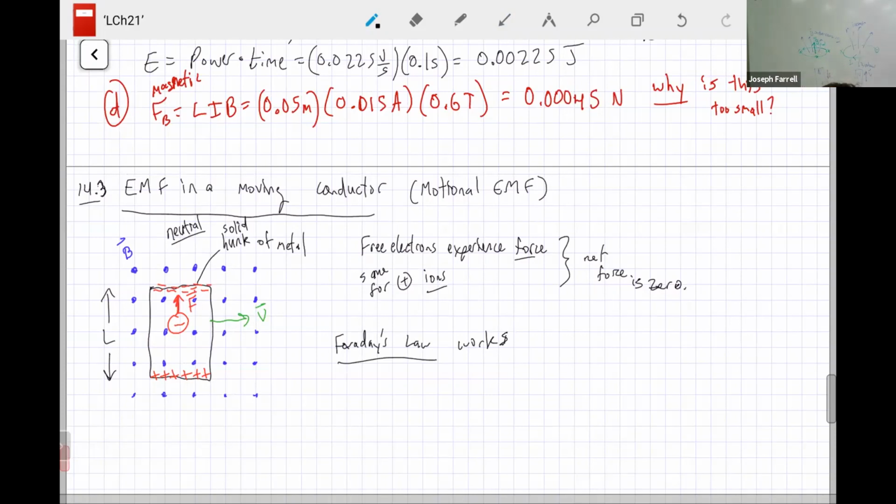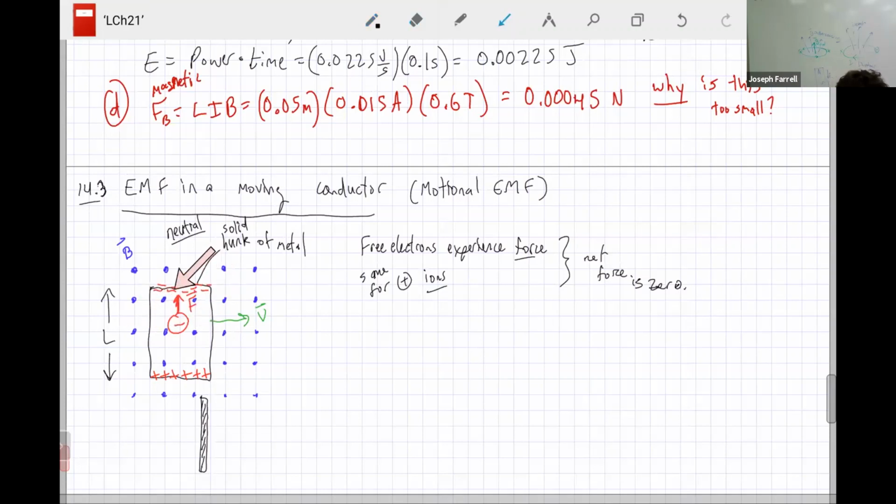So as this is moving, you can imagine each little moment of time. Even though Faraday's law works here, I'm just going to go through with an actual physical description that your book just keeps avoiding. It's driving me crazy. So what's happening here?